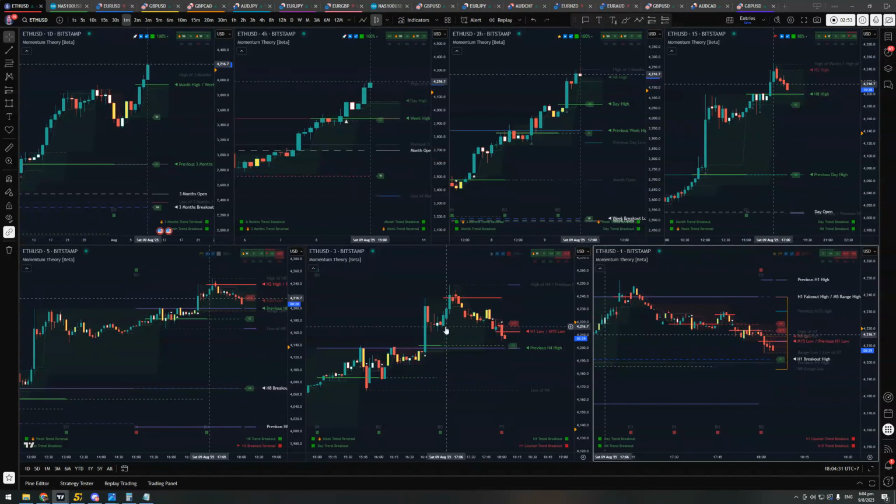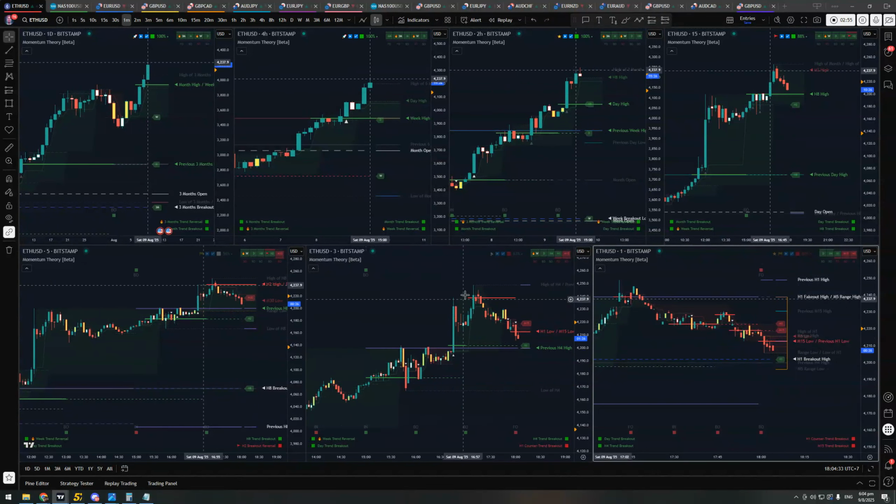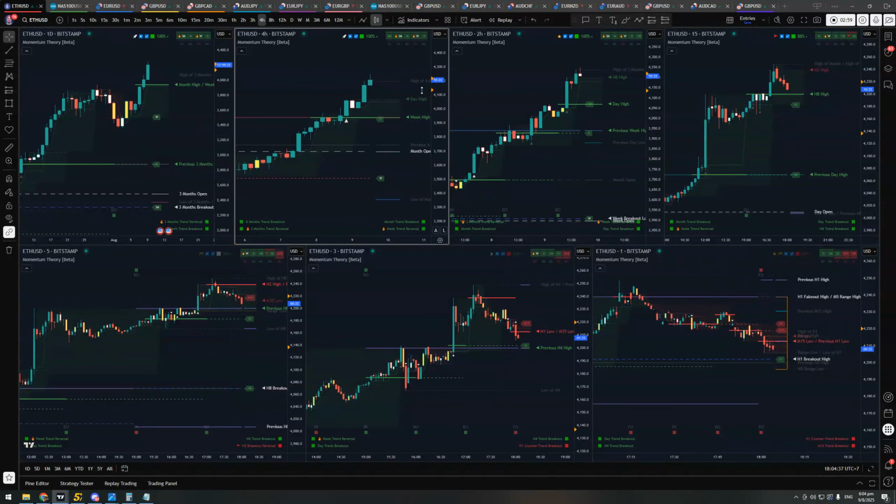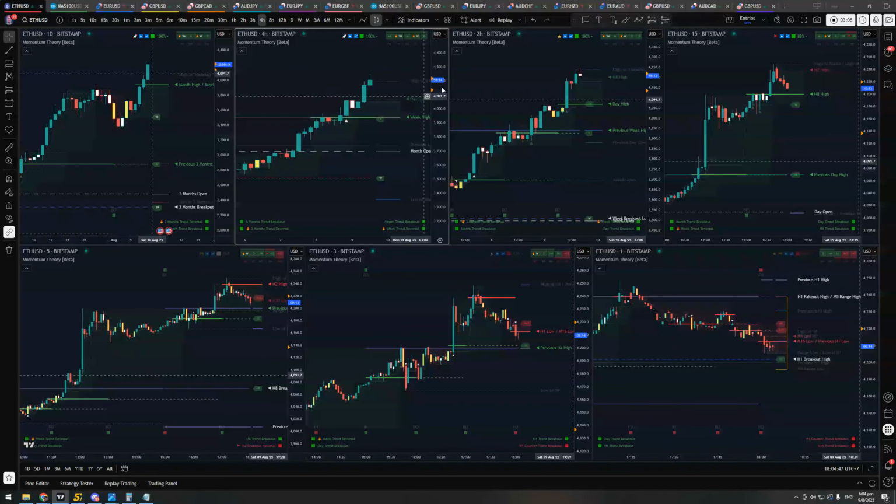On the H4, we've broken out. So I'm looking for a continuation move, and most likely I'd be waiting for this 1 hour bar to close and try to get a trend retracement if it closes and breakout. 5 minutes here on the H8.